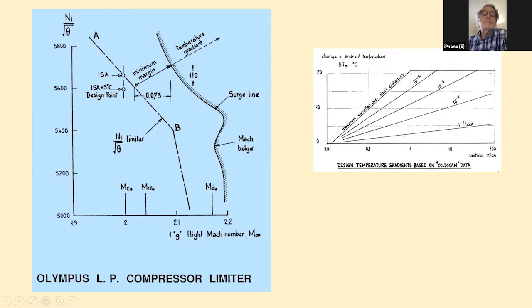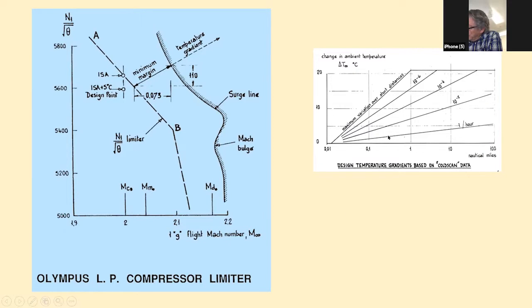There was one interesting point here: this minimum margin is actually defined by a requirement which doesn't appear in the FAR 25 requirements even to this day, although I think that there's some case for doing it. I know at least one instance on a subsonic aeroplane when an incident, not accident, could have been avoided if there'd been a consideration of temperature gradient.